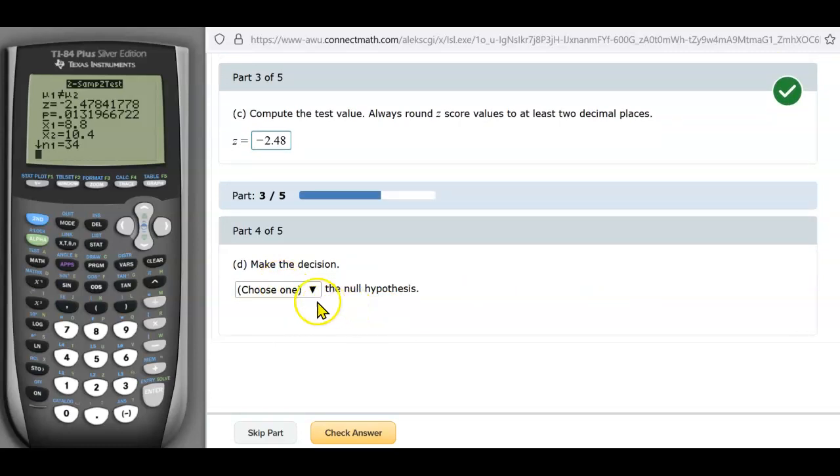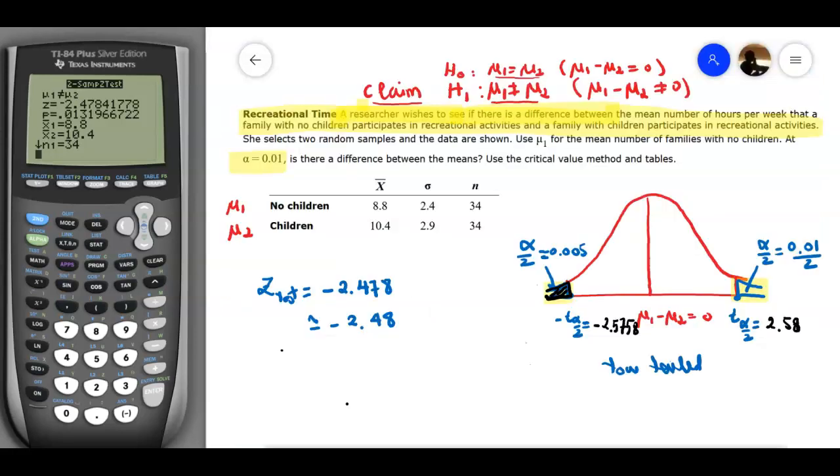So now we want to make a decision. What does that mean? We're going to decide whether to reject or accept. For this we will need the graph here. For the graph, these two critical values that we just found over here, this is the first critical value, this is the second one. Now these critical values divide my chart in two parts.